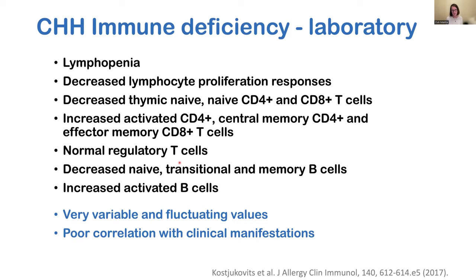There are some specific changes, but they seem to be very variable, and even in one single individual the values may fluctuate, and overall seem to correlate relatively poorly with clinical manifestations, especially lymphopenia and decreased lymphocyte proliferation responses, which are present in most of the patients.